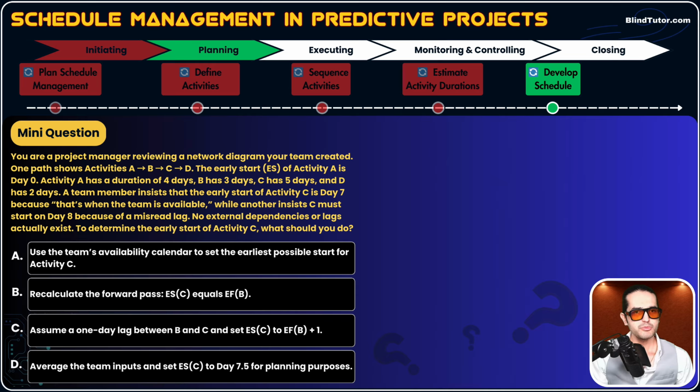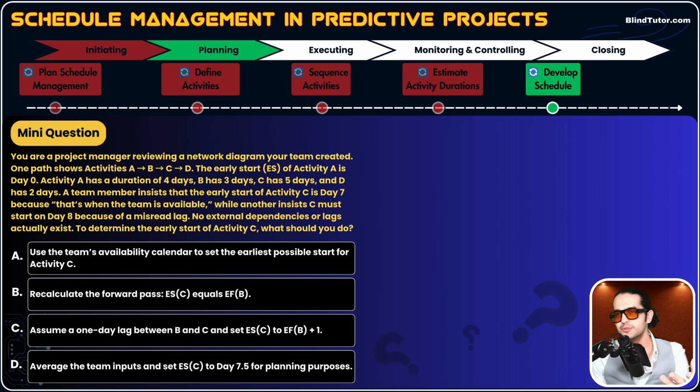Option B says recalculate the forward pass. ES equals EF. ES of activity C equals EF of activity B. Is that correct? So what formula do you remember for ES of an activity? We said ES of an activity equals maximum EF of all precedence activities plus lag.